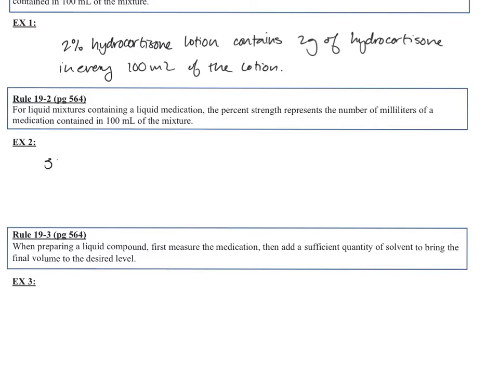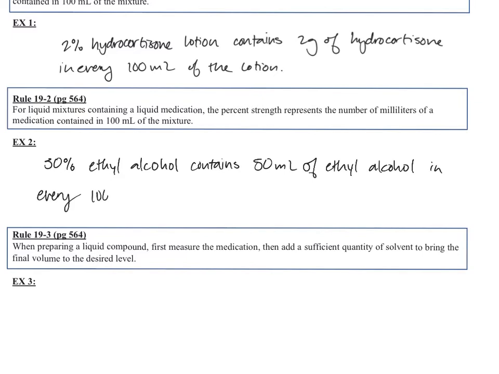For example, a 50% ethyl alcohol solution contains 50 milliliters of ethyl alcohol in every 100 milliliters of the solution. So for liquids, that is the milliliters per every 100 milliliters in the solution.